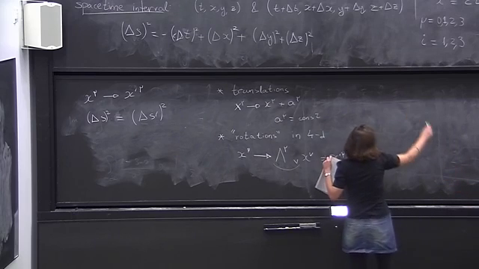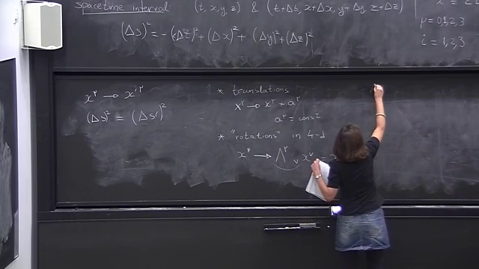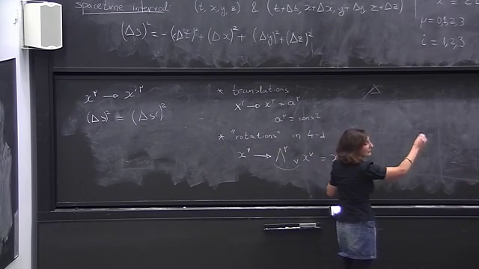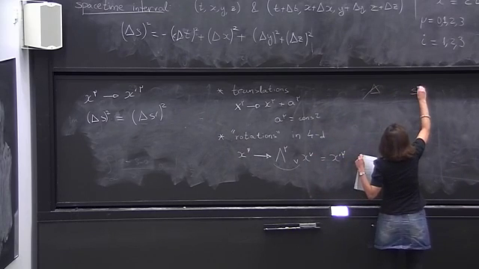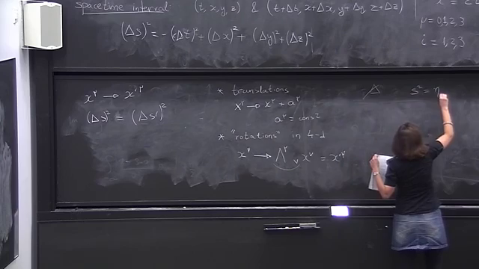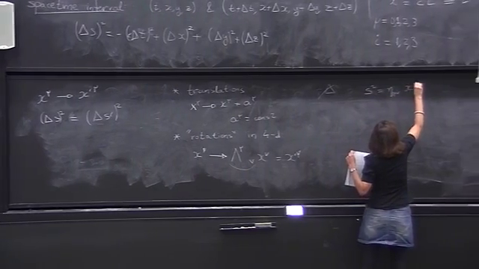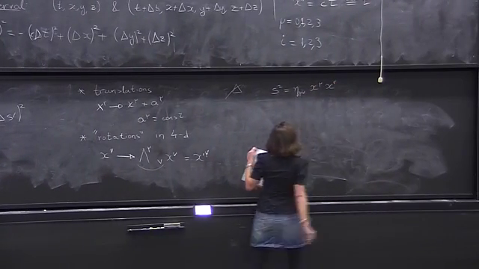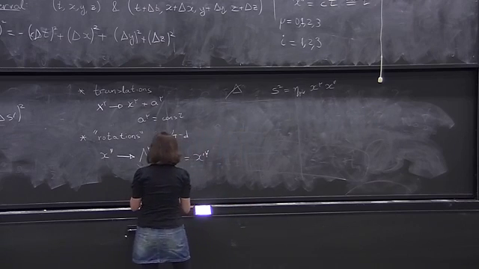So let me just drop the deltas for a little while and just write that s squared equals eta mu nu x mu x nu.